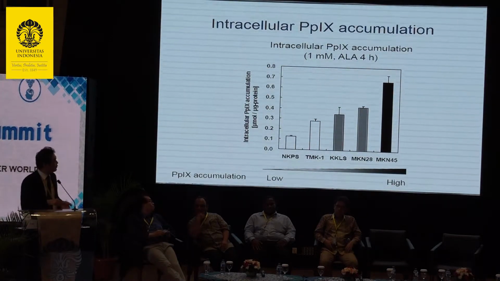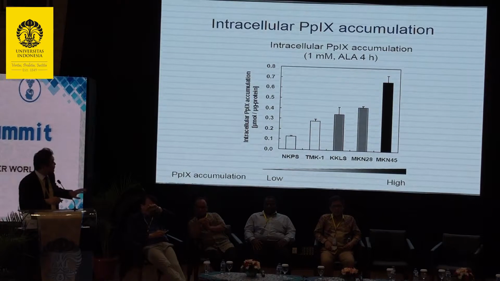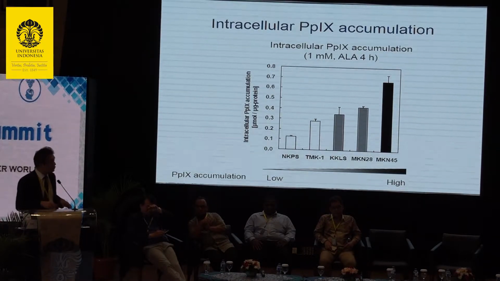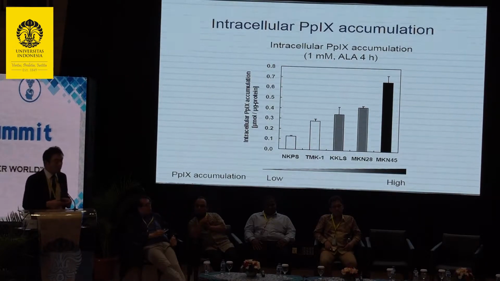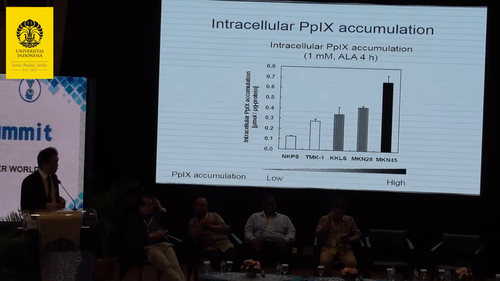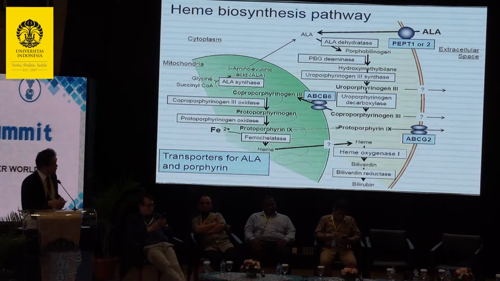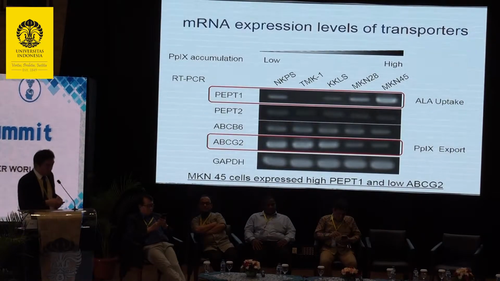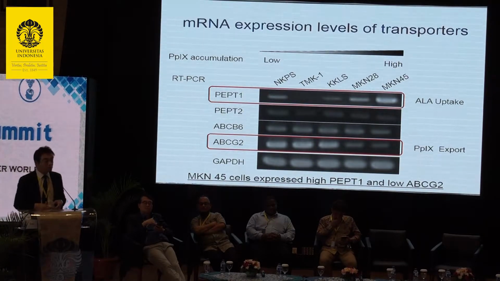So we checked five tumor cell lines. On the left, this tumor cannot accumulate enough protoporphyrin, and this MKN45 can accumulate enough protoporphyrin. So we checked the status of these molecules, and we found the transporter PEPT1 is a very important transporter, and ABCD2 is also a very important transporter.